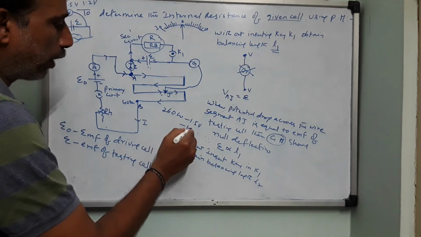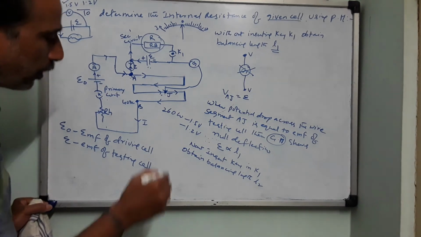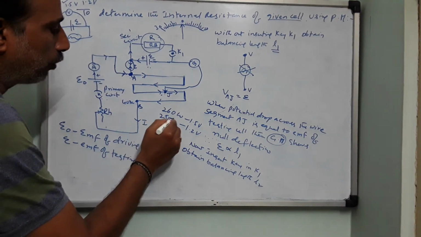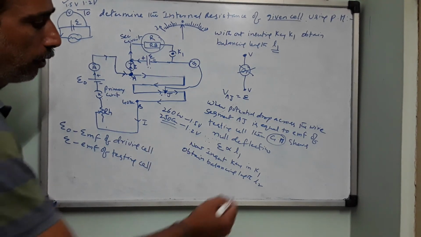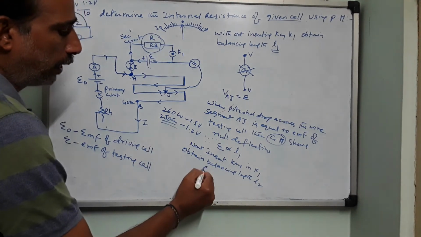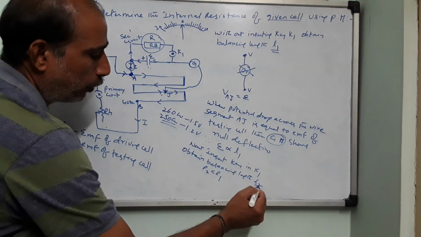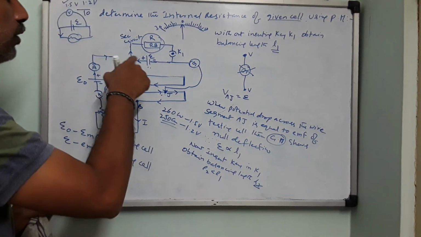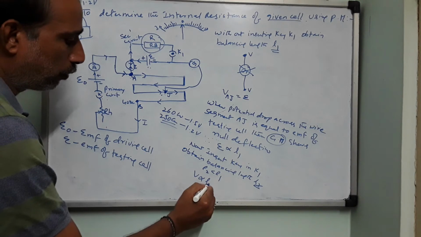To balance 1.2 volt, do you require more length or less length? Obviously, you require less length, maybe 250 centimeter. So the balancing length L2 will be less than the initial balancing length L1. This balancing length L2 is obtained with the terminal potential difference of the cell. So now V is proportional to L2.